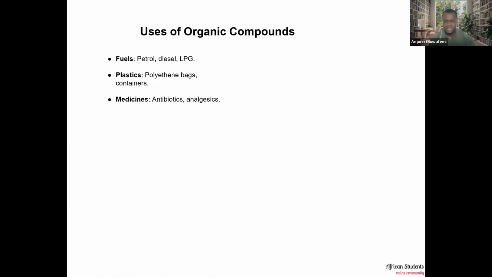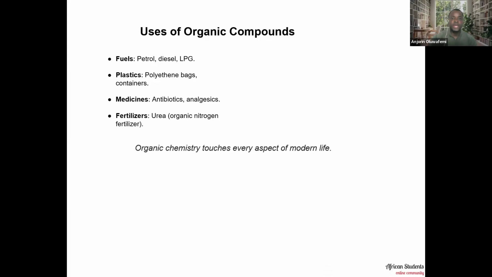Let's take for instance the antibiotics, and the analgesics that we use to relieve pain and so on. These are medicines that have been formed from organic compounds. We also use organic compounds to produce urea, which is an organic nitrogen fertilizer, very, very important in the agricultural world and for food security and for food to be abundant. So fertilizers are also made from organic compounds.